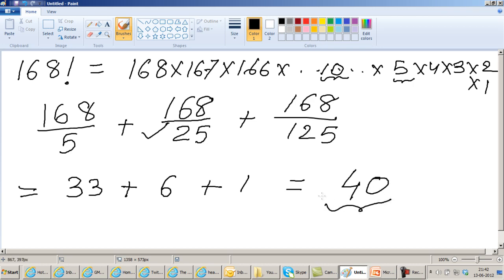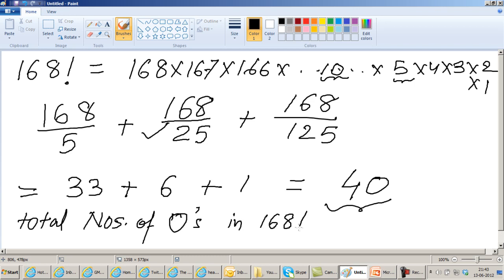So the total number of zeros in factorial 168 would be 40. Isn't it a very simple way to do it?